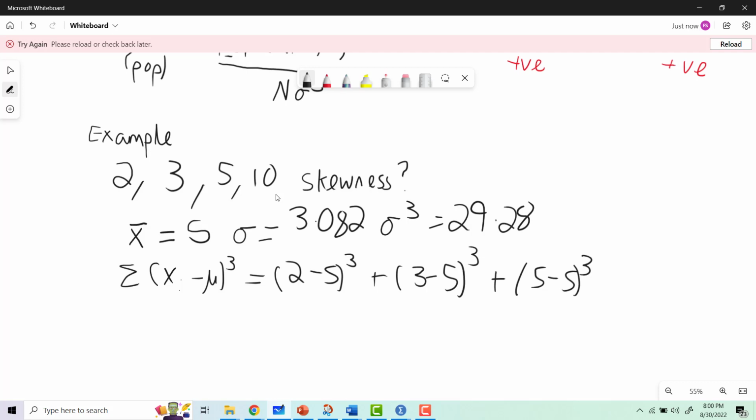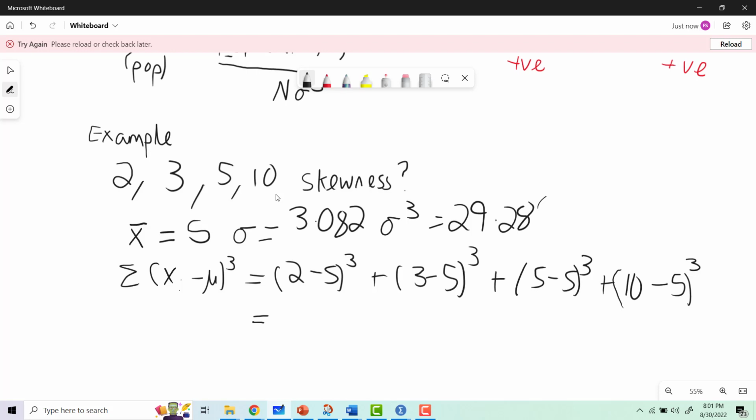And the third, we have 10. And you can see here now that the very large number, the outlier away from the mean, is positive, which is going to give us a positive value.